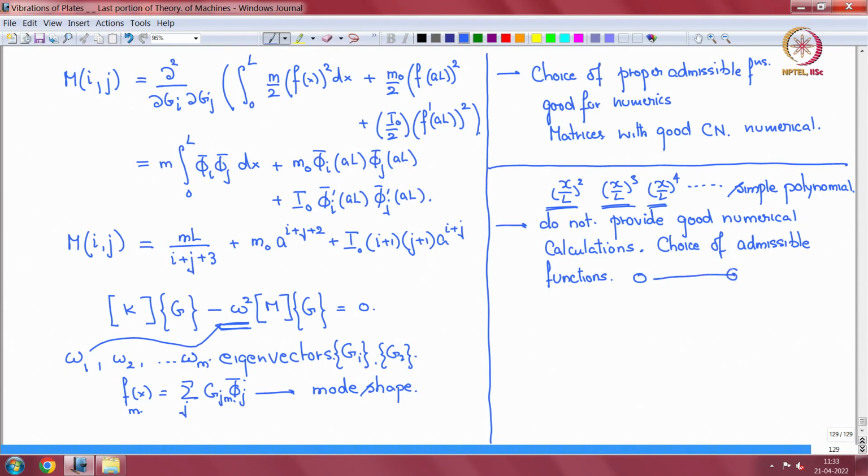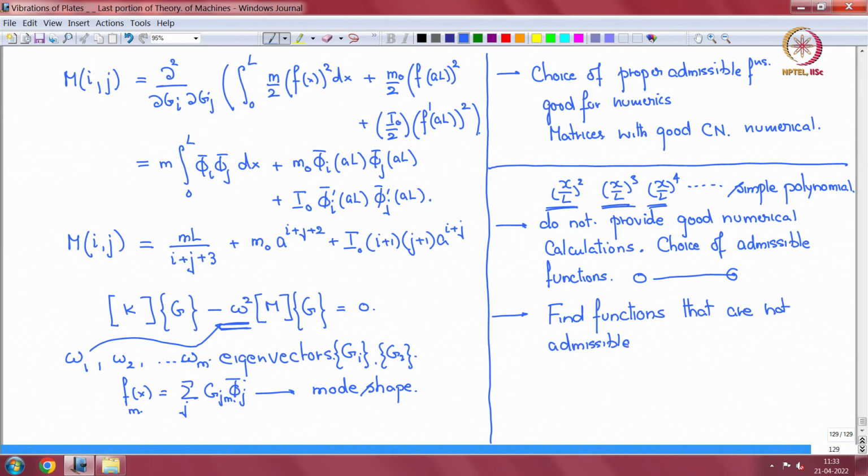Okay, so now an alternative here is that you find functions. So this is one other method. You find functions that are not admissible all the way for all conditions, so strictly not admissible first.